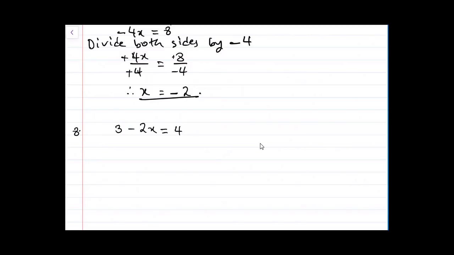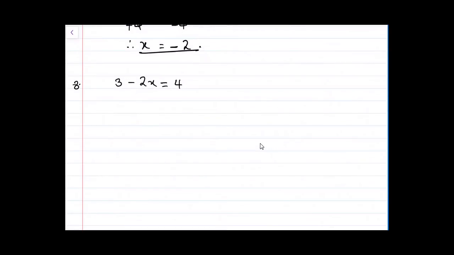So let's see what we have. We have a positive 3 out here on the left-hand side, and we want to eliminate it. So what can we say? We can say subtract 3 from both sides. So this way, 3 minus 3 minus 2x equals 4 minus 3.